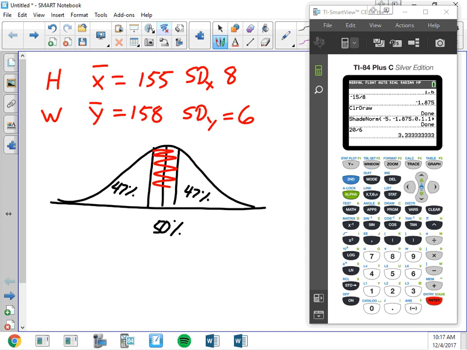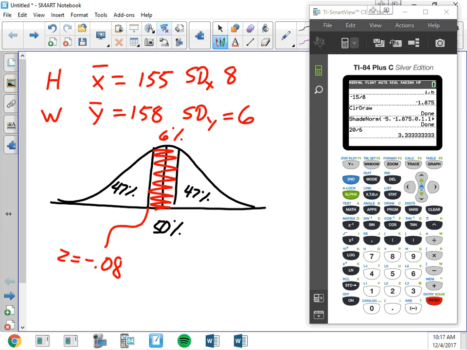So this is 6%. Does everybody understand that? Now we look at our table, and you have a printed table, which is way better than A104. 6% is 0.08. And in this case, it's negative. Good. So this score right here, Z, is equal to negative 0.08.